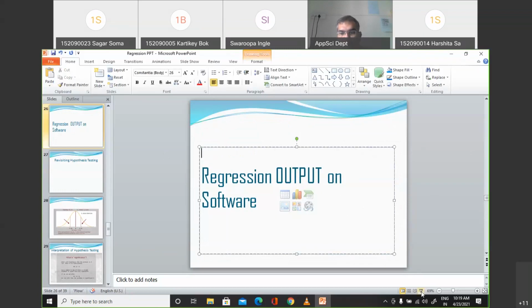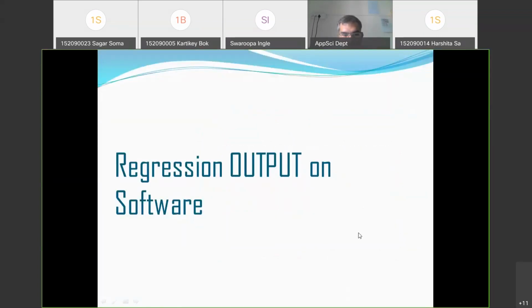So we will be having a discussion on the regression output we get. When we run a regression on a software package, we get output basically in two sections.